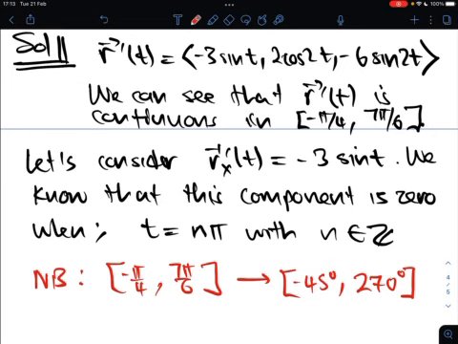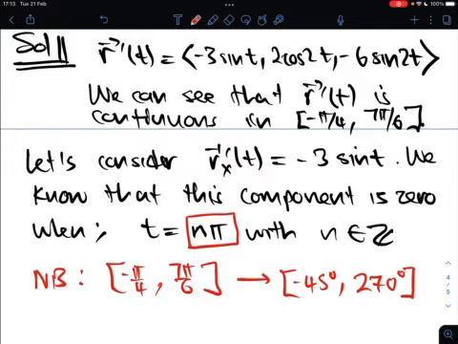So we know already that sine can only vanish when you have an integer multiple of pi, which means an integer multiple of 180 degrees. So we have to make sure that from this interval we extract all integer multiples of 180. We can see that there are only two.